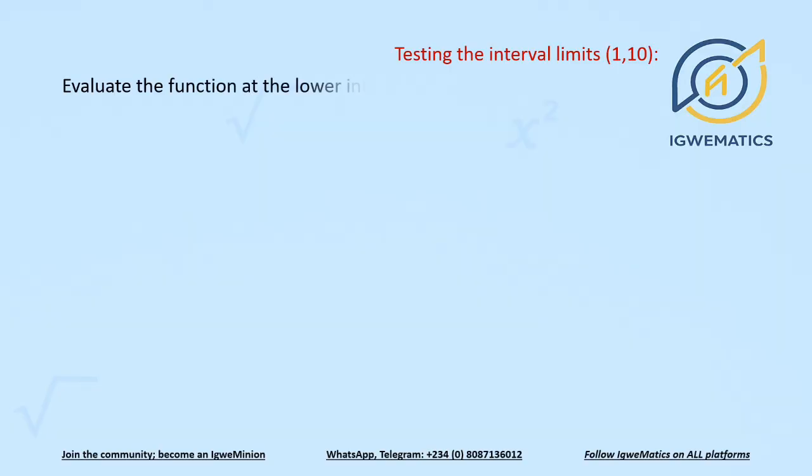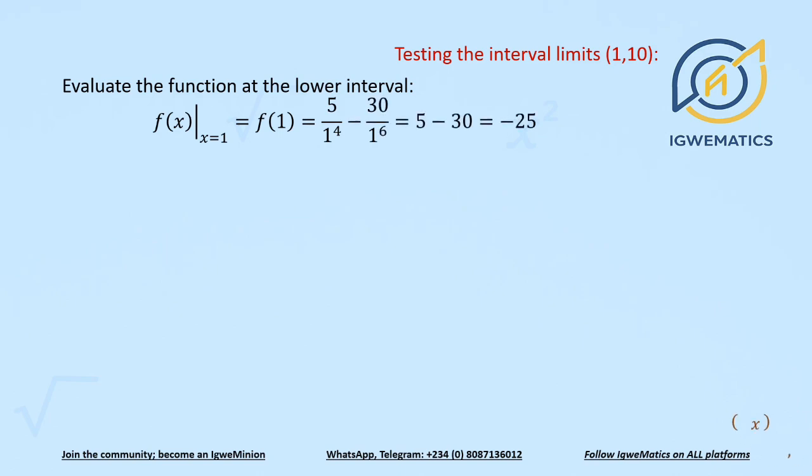Testing the interval limit. Evaluate the function at the lower interval, and we get f(x) when x equals 1 is minus 25. That means the second point (x, y) is equal to (1, minus 25).